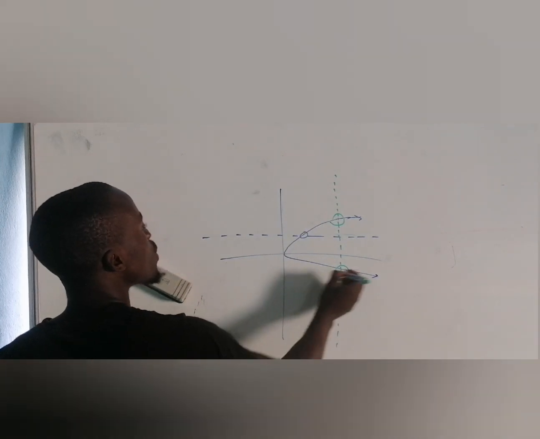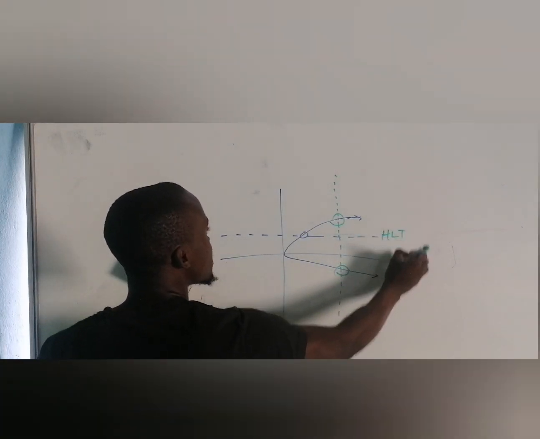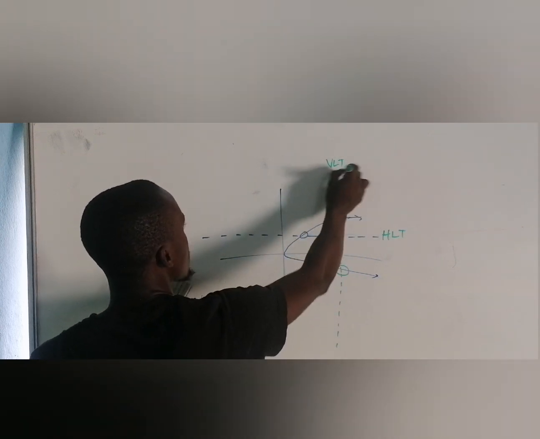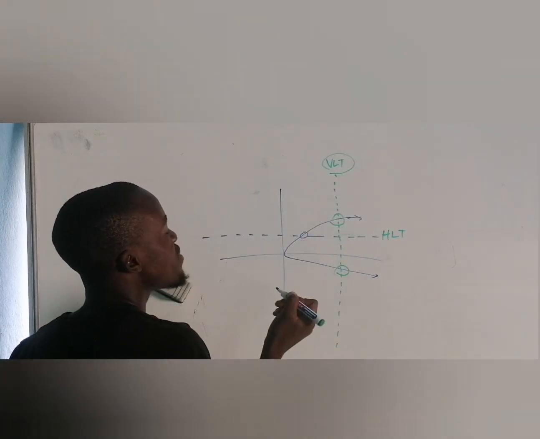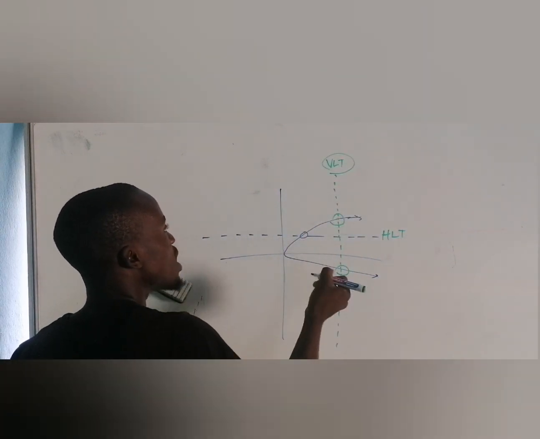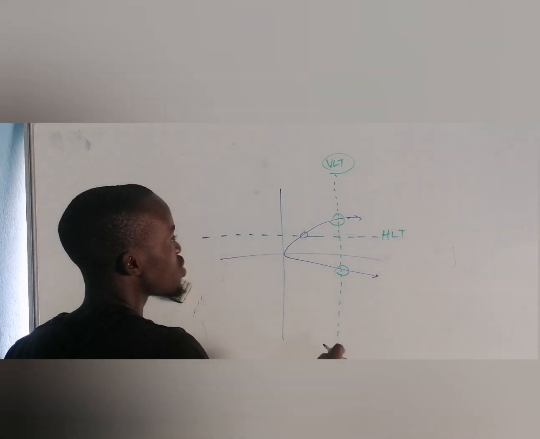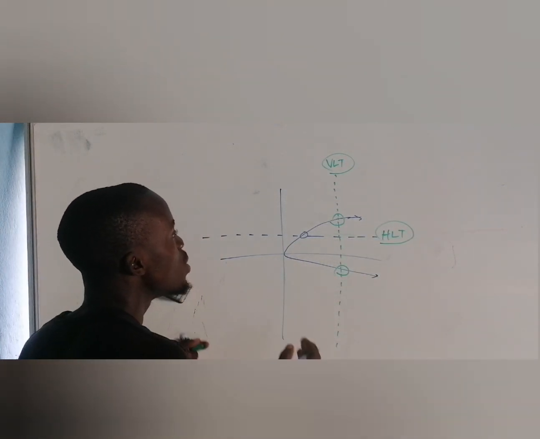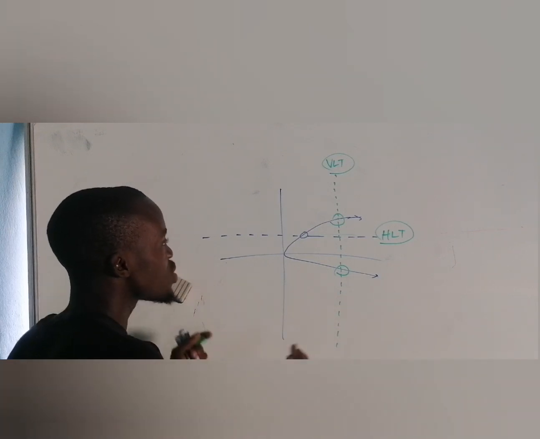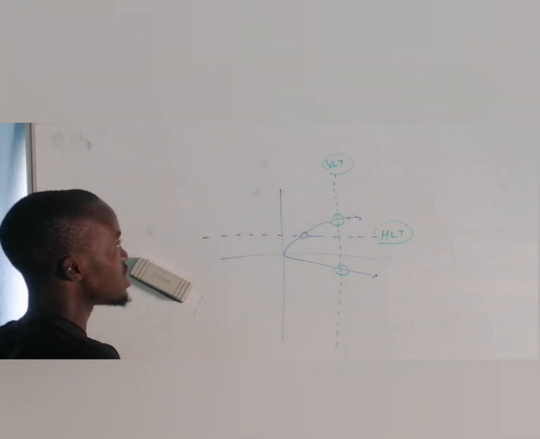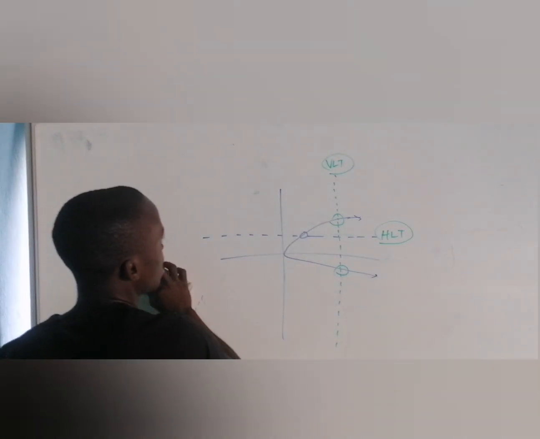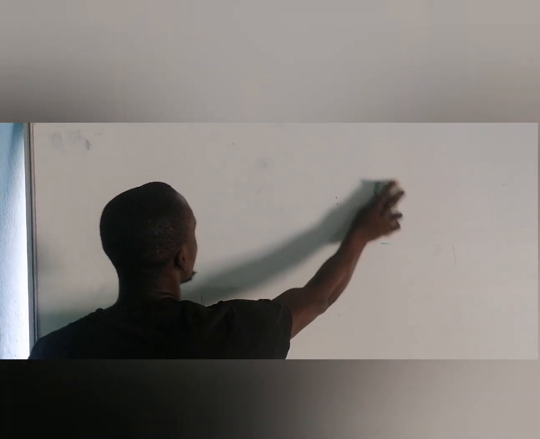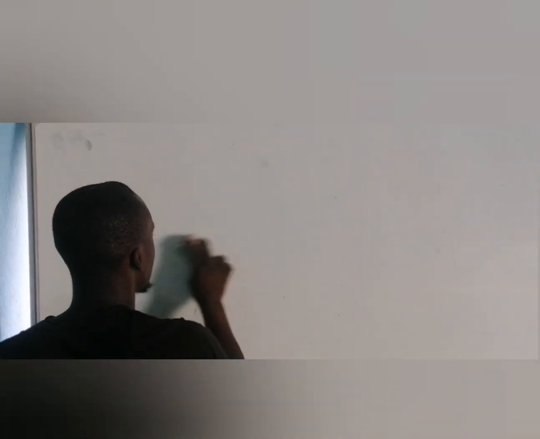Before you use the horizontal line test, start by using the vertical line test, because it tells you if a graph is a function. Then after you discover that the graph is a function, you use the horizontal line test, which determines the type of function the graph is representing. I don't know if you understand that. Before using the horizontal line test, make sure you use the vertical line test.